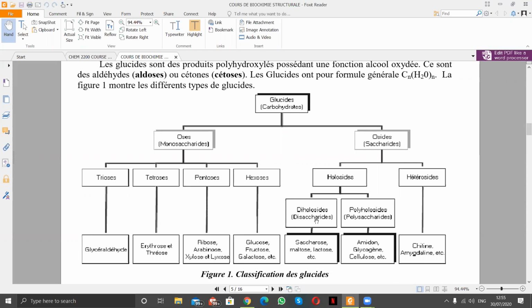And I said a sucrose is simply a mixture of two monomers, which are glucose and fructose, these two monosaccharides. That's sucrose.